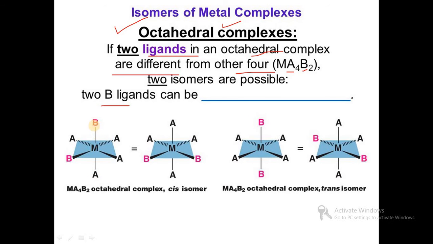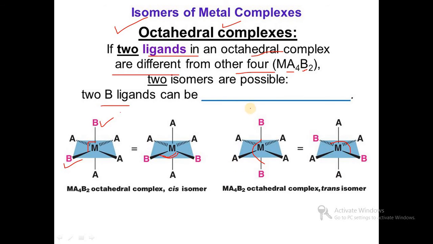If we keep B at this position and this position, adjacent to each other, they are cis isomers, because they make a 90-degree angle, so they are cis isomers. But in the second diagram, they make a 180-degree angle and are opposite to each other, so they are trans isomers.